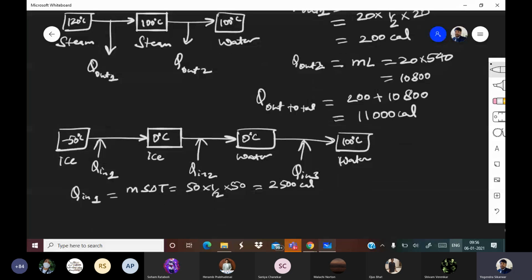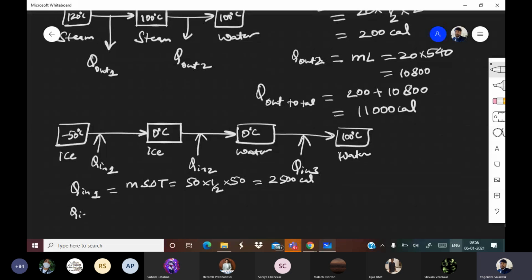Now in the second step, Q in 2 will be m L. M is 50, L is 80, because latent heat of fusion of ice is 80. So 4000 calories is spent here.